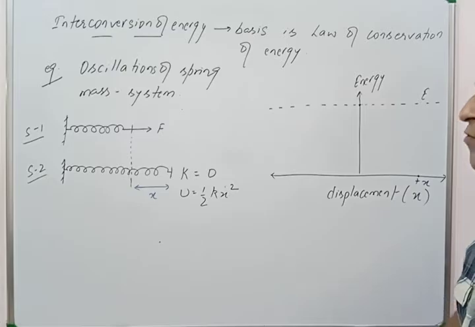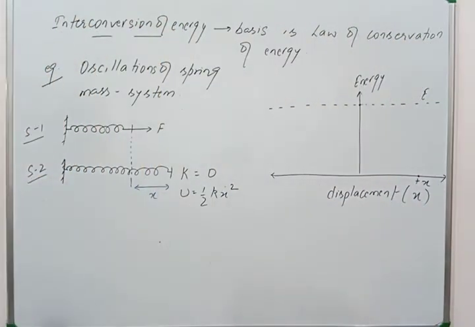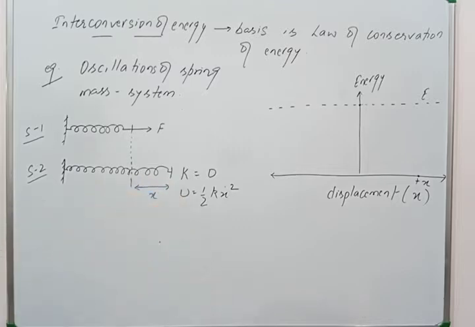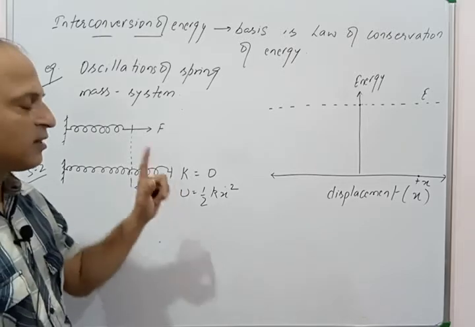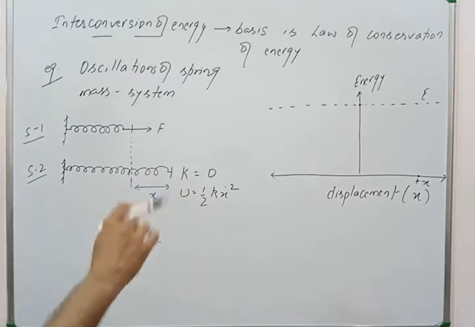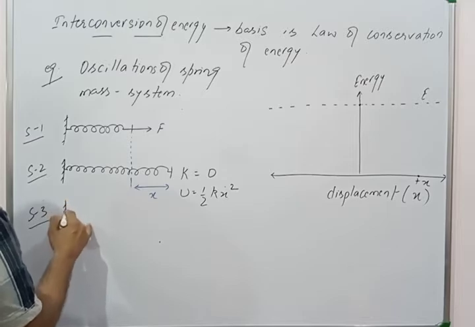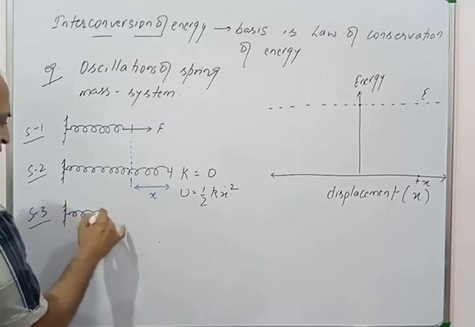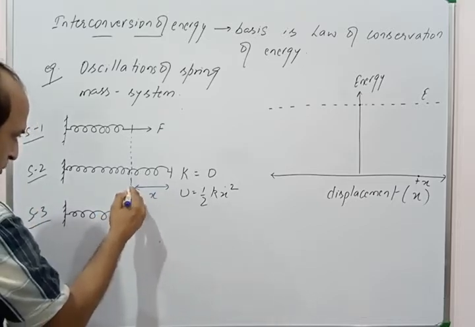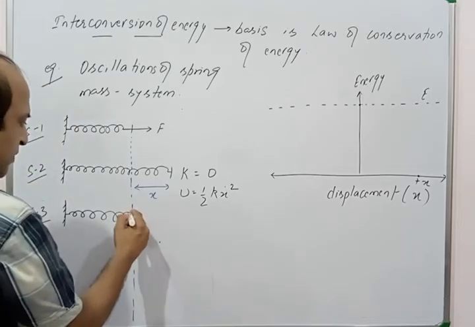Now if you leave the spring from here, what will happen? X will go on decreasing and potential energy will also start decreasing. As a result, the kinetic energy will go on increasing. Then there will be a moment in state 3 where the spring will be at its natural length, crossing the mean position again. तो mean position के लिए एक reference line बना लेते हैं, blue one, ठीक है?